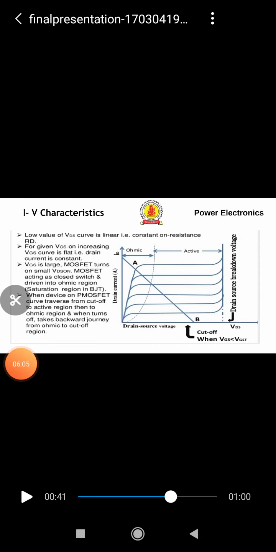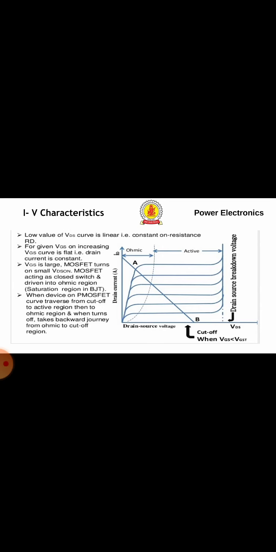The output characteristics or IB characteristics of power MOSFET. This is ID versus VDS, drain to source voltage. For low values of VDS, the graph between ID and VDS is almost linear.